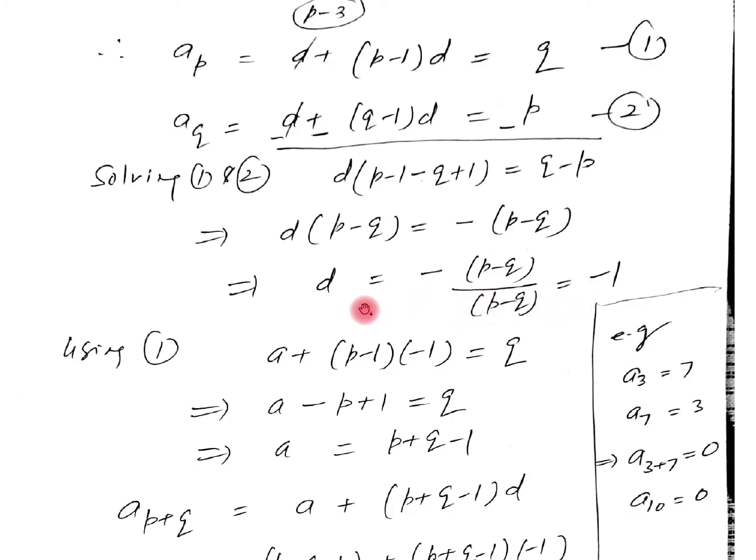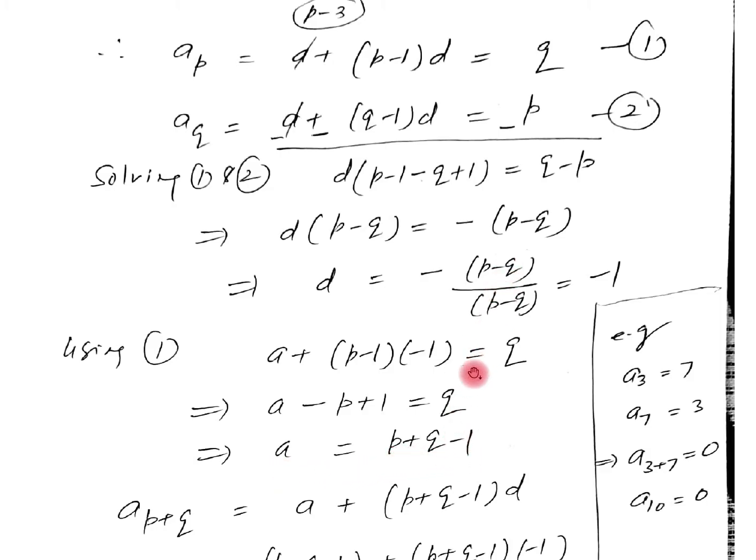Now substituting the value of d in any one of the equations, we will find the value of a. Now using equation 1, putting the value of d here, a plus (p minus 1) into minus 1 equal to q. Now simplifying, a minus p plus 1, do the calculation very carefully, is equal to q. Then we get the value of a equal to p plus q minus 1.